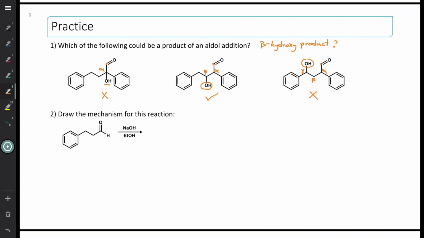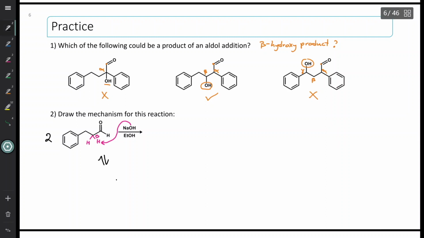All right, draw the mechanism for this reaction. So we know that there's going to have to be two steps, right? We're going to first form the enolate. So there are protons here. Our base is going to come in, deprotonate, and form an enolate.